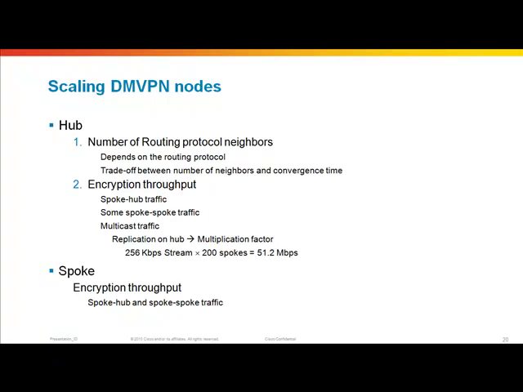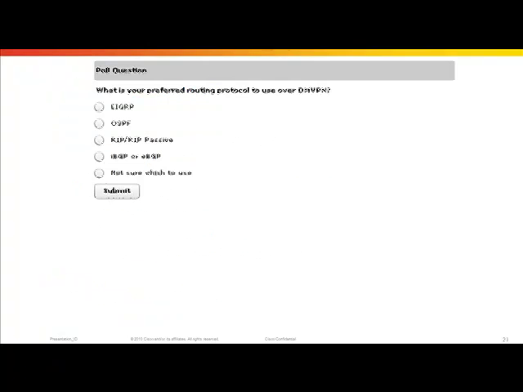So I think we're ready for another poll. That's right. Okay, let's push it out to the audience. Great presentation so far, Mike. Thank you. Let's take a look at this second poll here. What is your preferred routing protocol to use over DMVPN? Is it EIGRP, OSPF, RIP or RIP passive, iBGP or eBGP, or you're not sure which one to use?